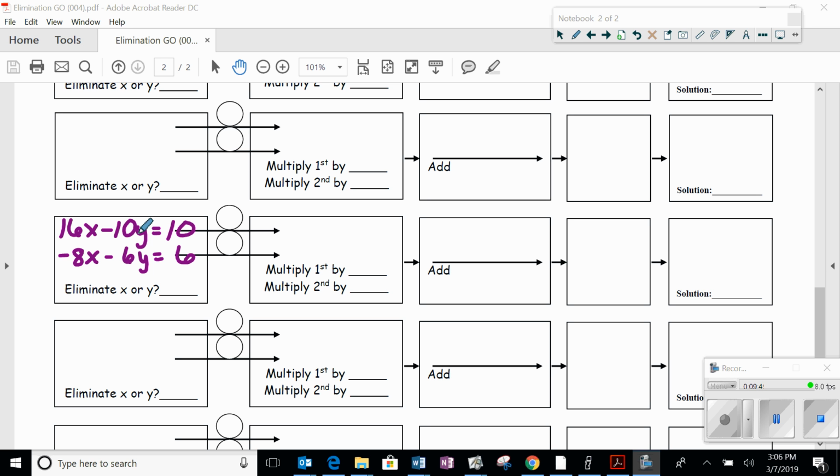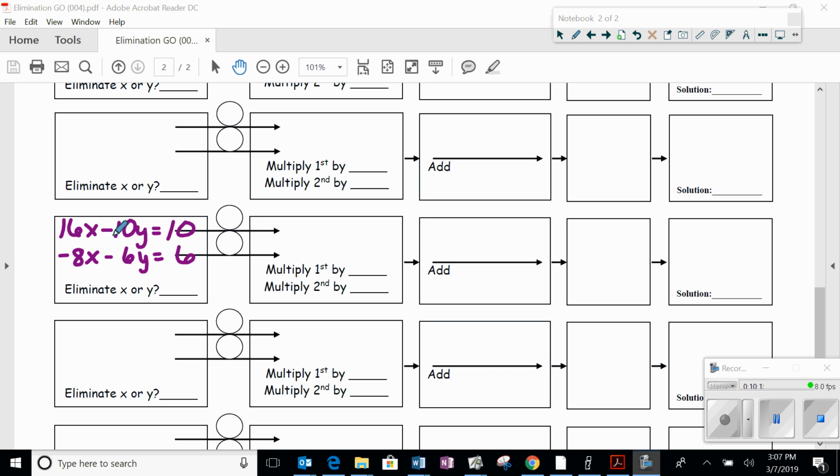So you're going to look at the 16 and your -8. Is there any way that you could make -8 a -16? Yes, I could multiply by 2, right? So if I multiply by 2, then this would cancel out.